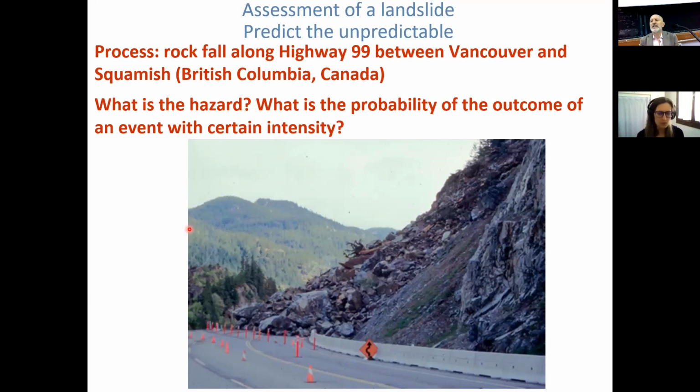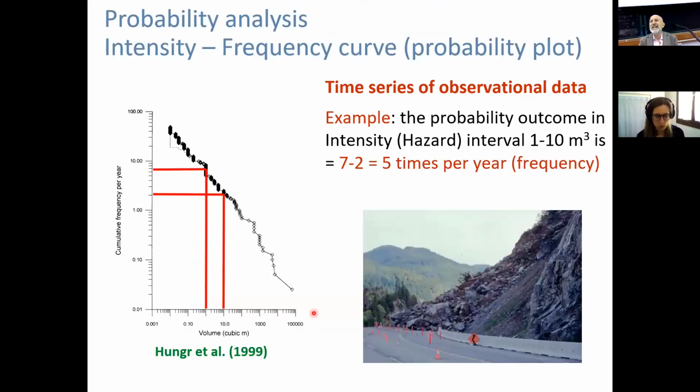Here the hazard is rockfall by gravity, and the rockfall is obviously enhanced by intensive meteoric events. So basically the question is, what is the probability of the outcome of an event with certain intensity? How probable is a landslide in a certain part of a street? And so how high is the risk of undesired effects due to this landslide process? It's a probability analysis problem.